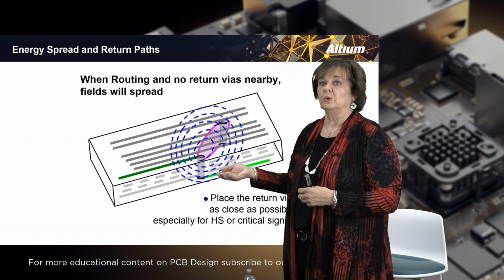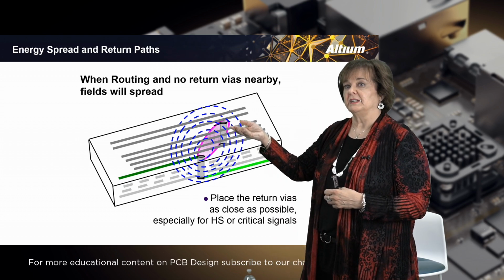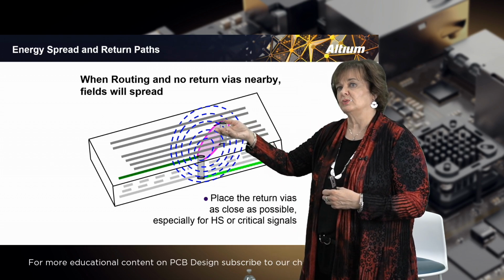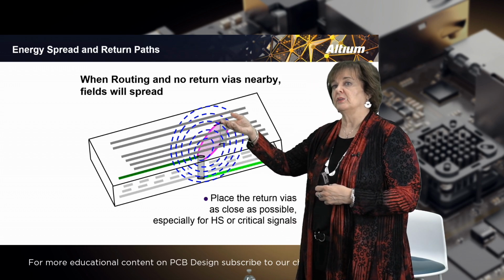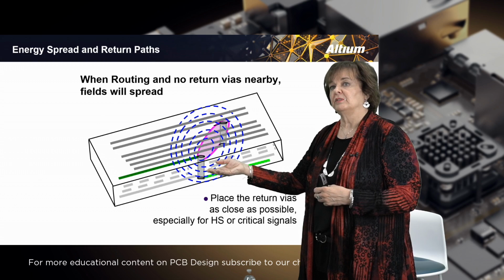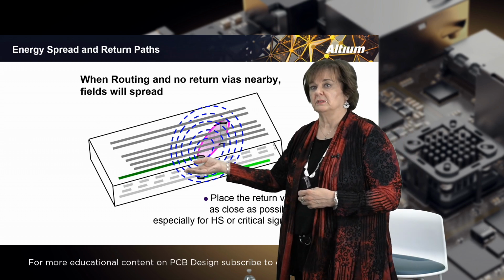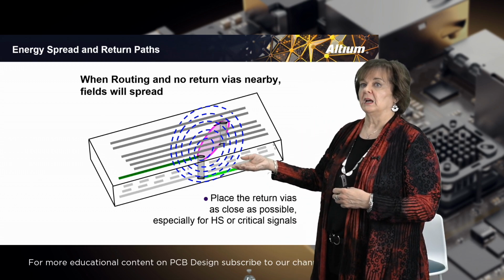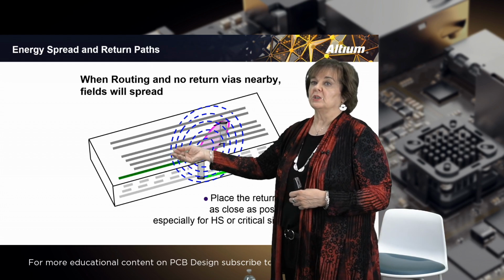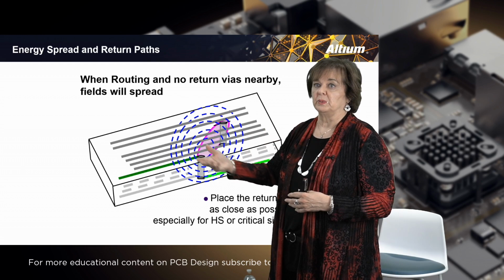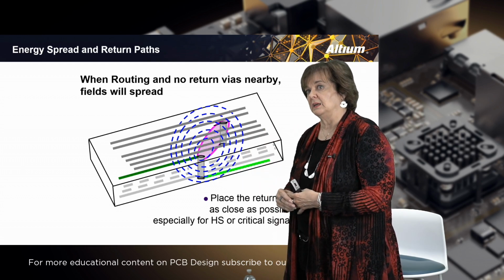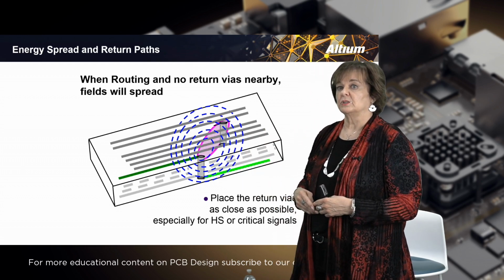In doing so, there is no return via close by, so the energy has to spread out all through this area, looking for another path to get the energy from down here, back up to over here. So in doing so, it will spread out through that area, and the possibility of messing the other signals up in that area is quite high.